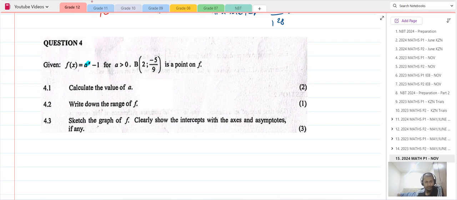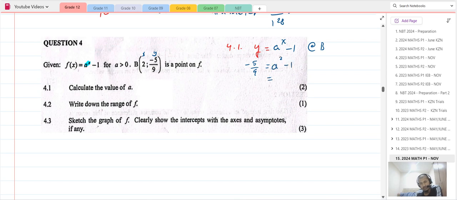So y is equal to a to the power x minus 1 at B. The coordinates of B are (2, minus 5 over 9), so x is 2 and y is minus 5 over 9. So minus 5 over 9 is equal to a squared minus 1.